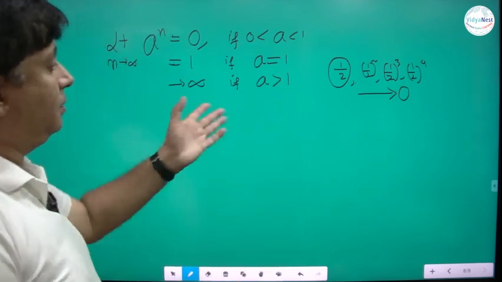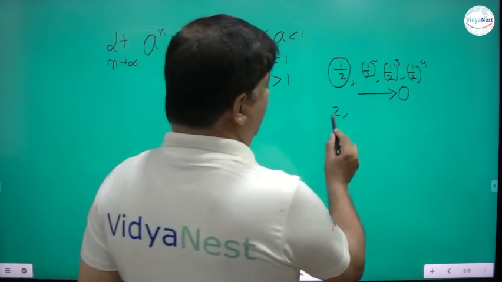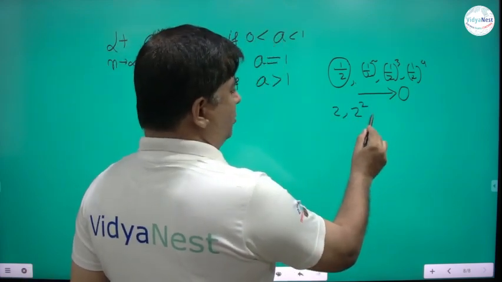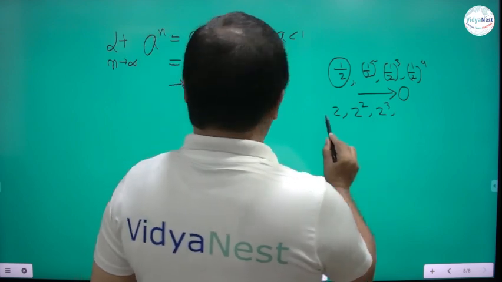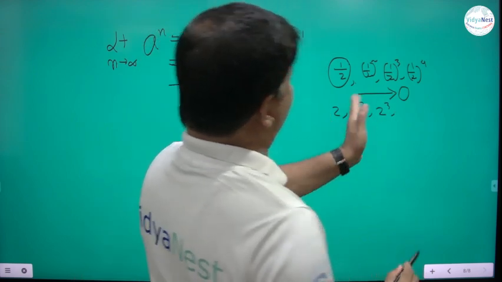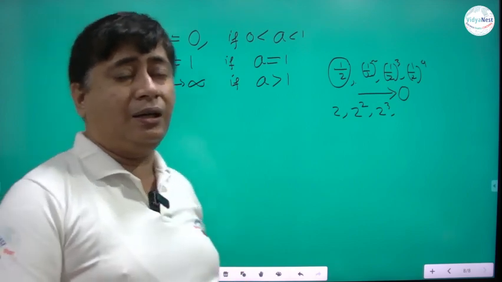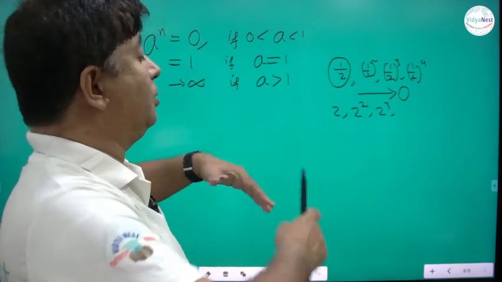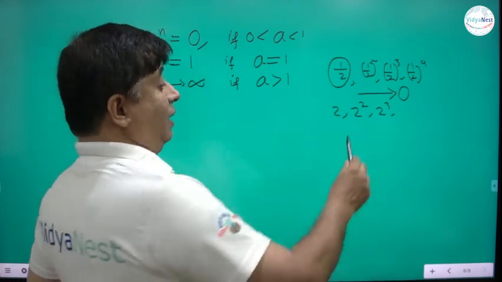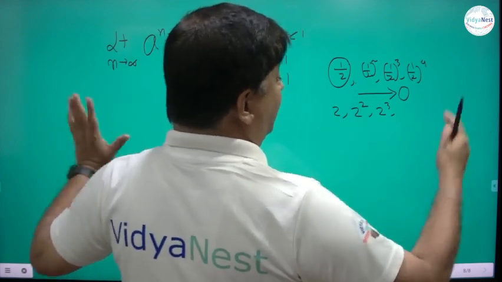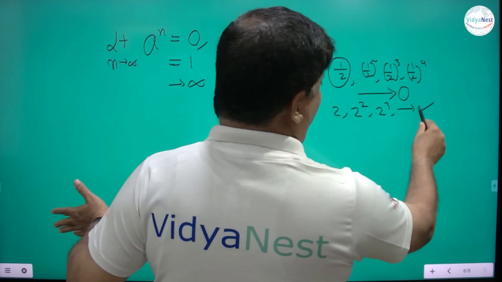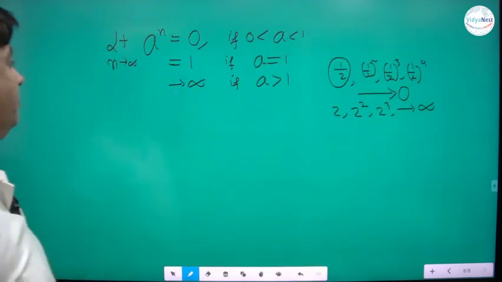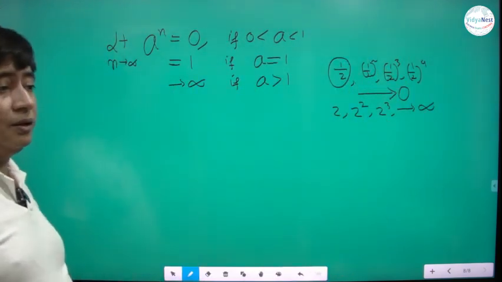For example, you get 2 in a sequence like this, 2 square, 2 cube. So here the base is greater than 1 and you keep on increasing the power, so it becomes larger and tends to infinity. Yes or no? Got it?